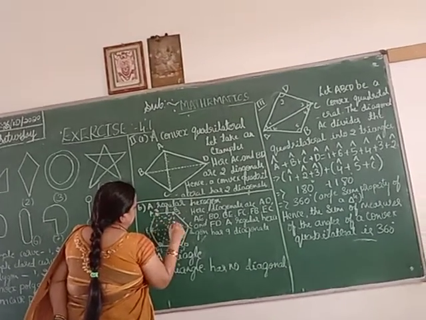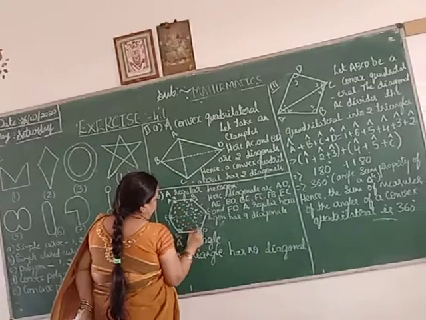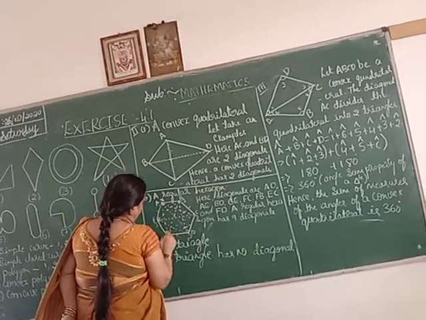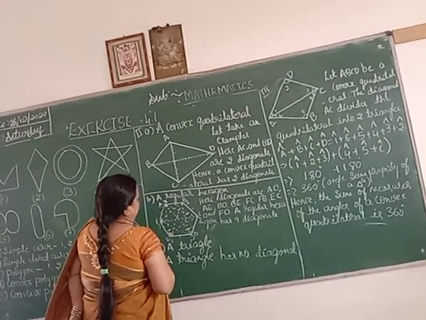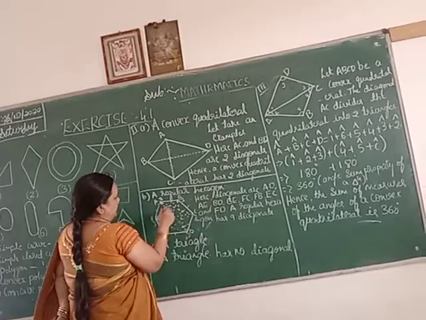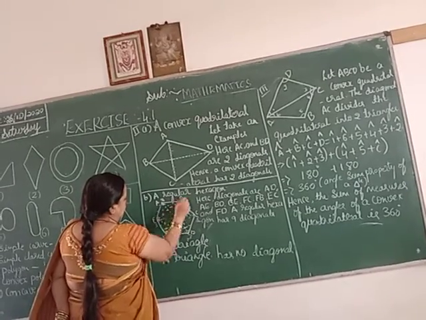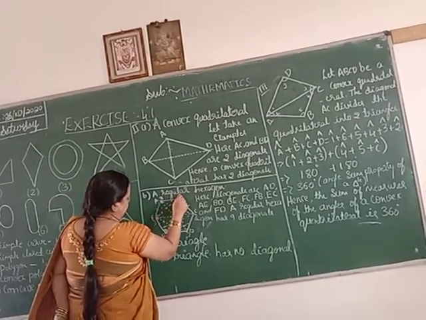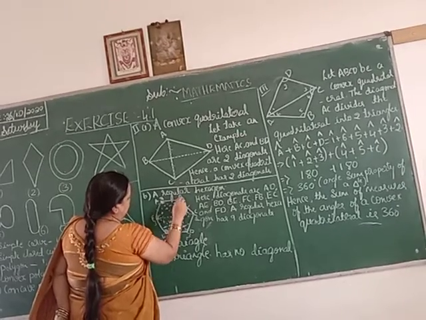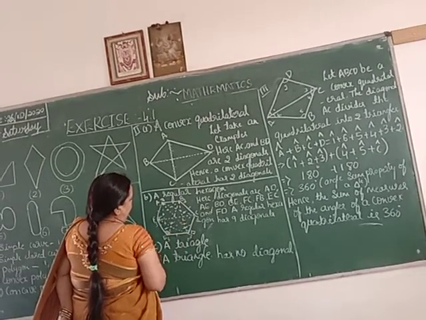See, AC I have taken, AD I have taken, then AE I have taken. So 3 diagonals are over. Similarly from B: BF I have taken, BE, then BD.